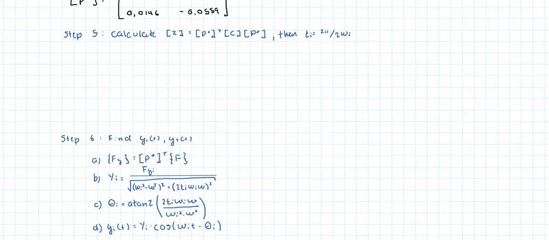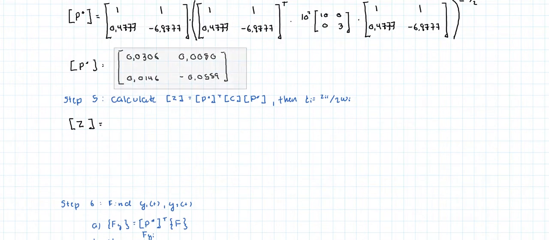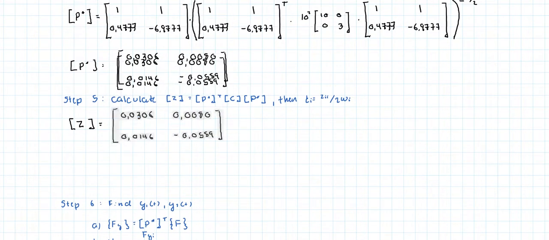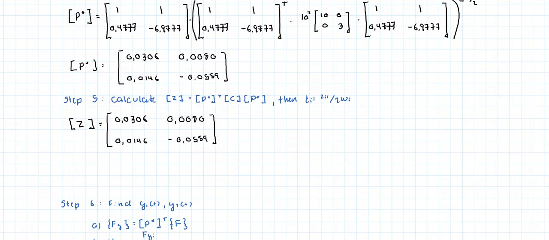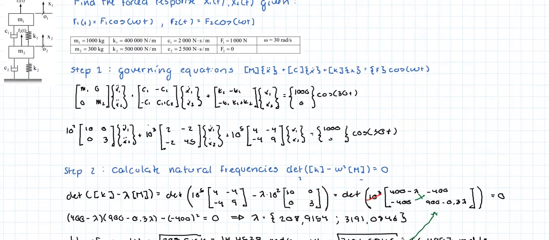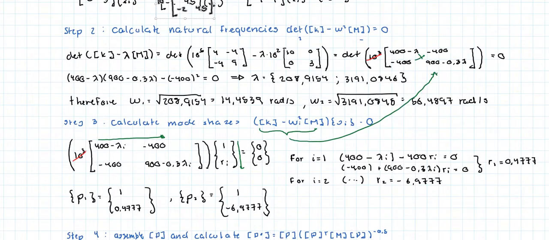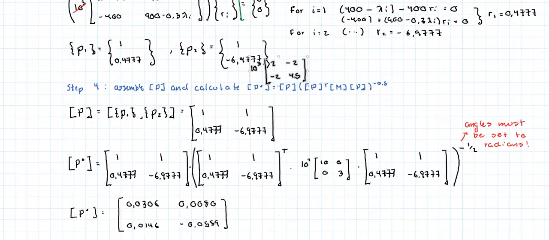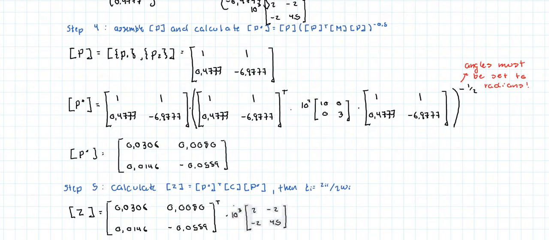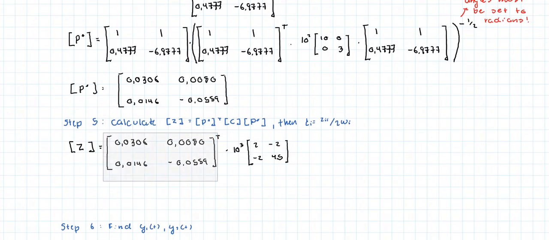Okay, so it is equal to P star, we're going to get lazy again, P star transpose times the damping matrix. The damping matrix is this guy over here. Okay, and then the P-star matrix again.